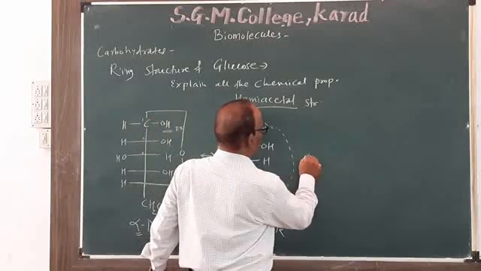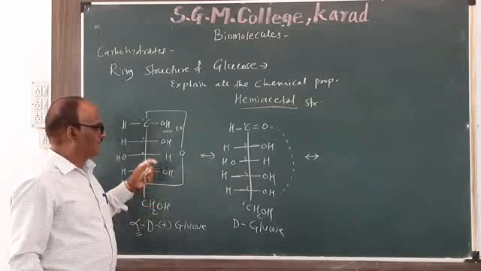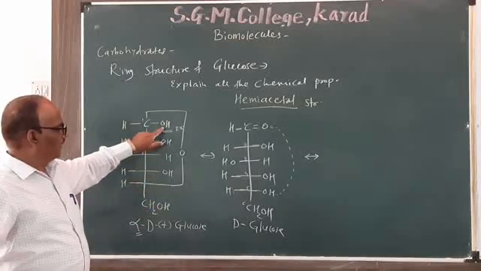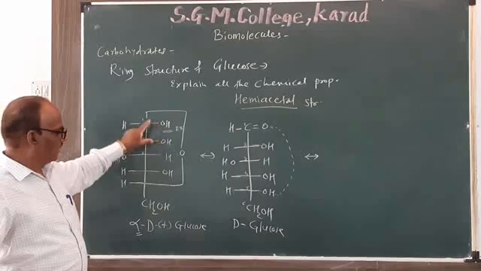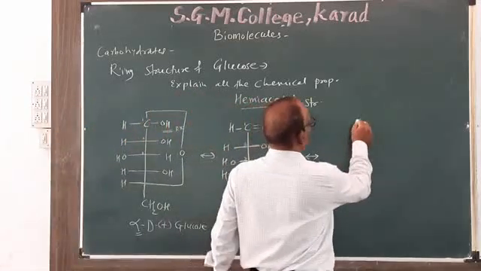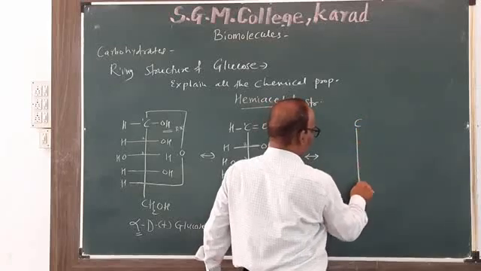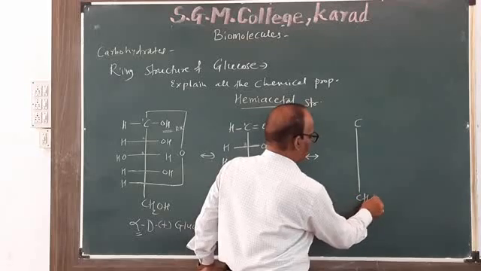Similarly, we can draw the second structure, or second anomer, that is the beta anomer. The only change in structure is that we place the OH group on the LHS and H on the RHS. The remaining part is the same. So draw your structure. The last one is CH2OH, carbon number 6.